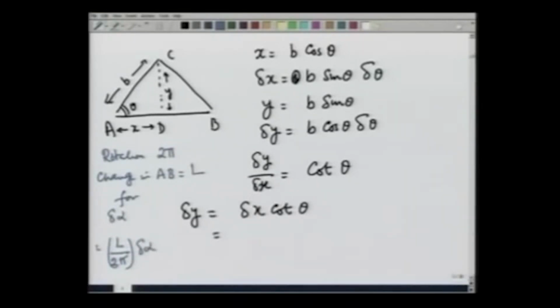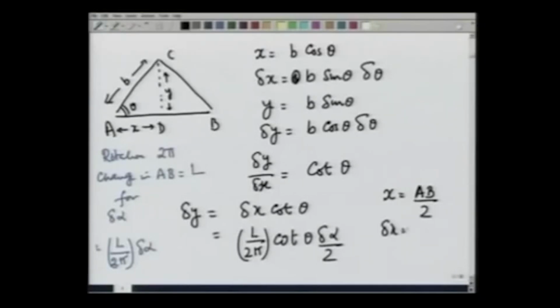So therefore delta y is L over 2 pi cotangent theta delta alpha divided by 2. This divided by 2 comes because change in x equals AB divided by 2. So delta x is delta AB divided by 2. So we have calculated the change delta y related to a change delta alpha.